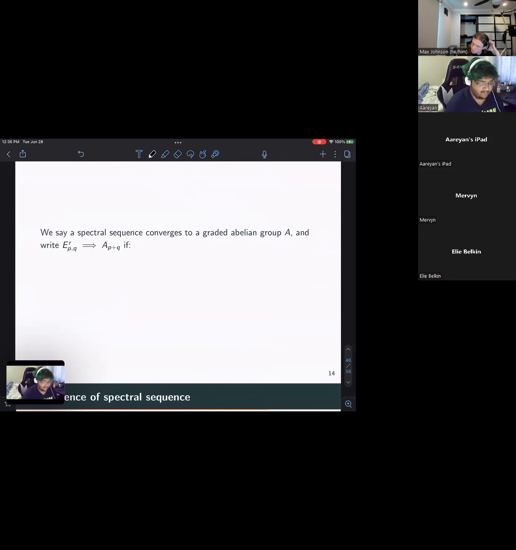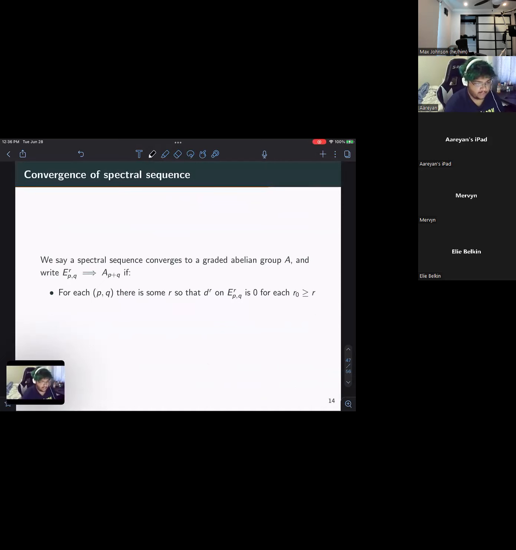We say a spectral sequence converges to a graded abelian group like this, and we notate it like this, if for each p,q there is some r_0 so that d_r is constant after a while. So after a while you cannot get better approximations because you're done.